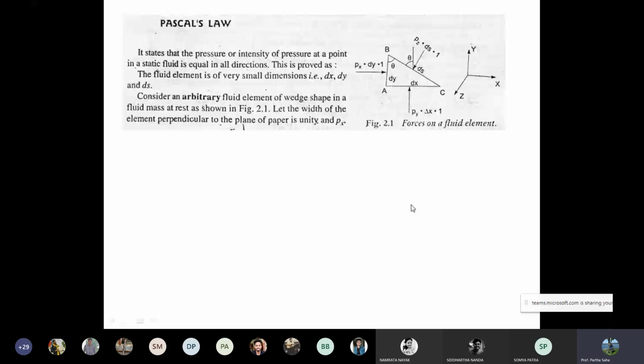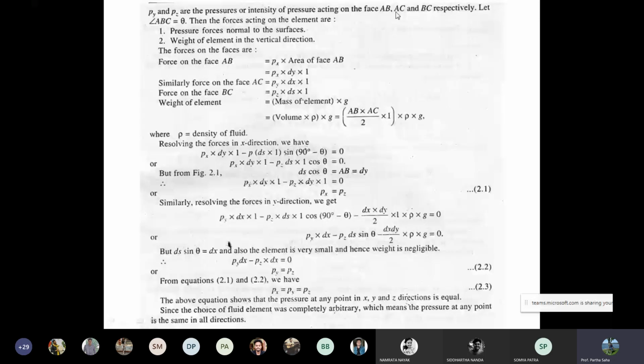Let us take ABC, and I already told you theta. The forces acting on the element are the pressure force normal to the surface and the weight of the element in the vertical direction. So these forces balance each other. Now the forces on the faces are, on the face AB, pressure into area of face AB. So the pressure on face AB is Px, and the area is dy. Similarly on the face AC, pressure Py, and the area of the face is dx. And the force on BC is Pz, ds into 1.